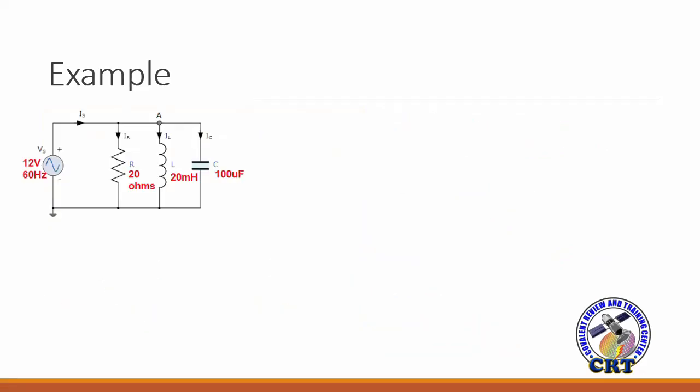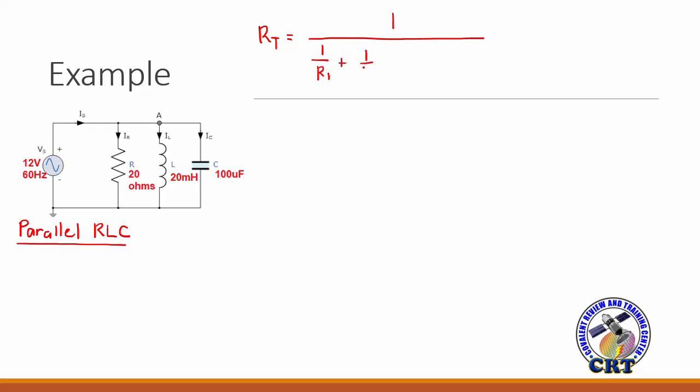Another example, this time this is a parallel RLC circuit. Let us recall that in the calculation of the parallel resistance, the total resistance is 1 over R1 plus 1 over R2 plus 1 over R3 and so on, depending on the number of elements connected in parallel.